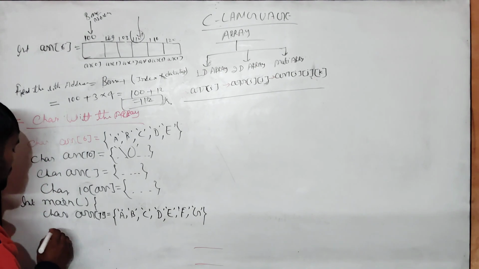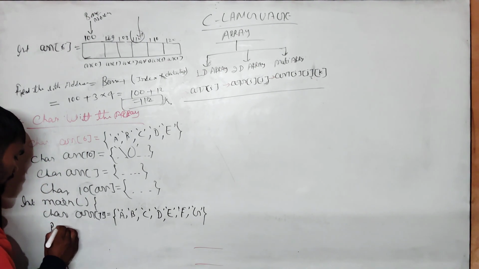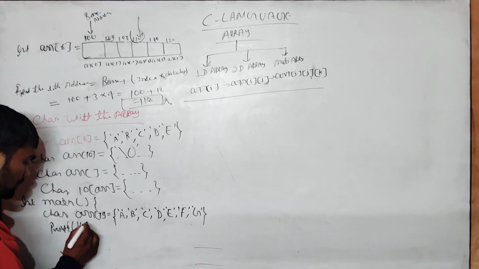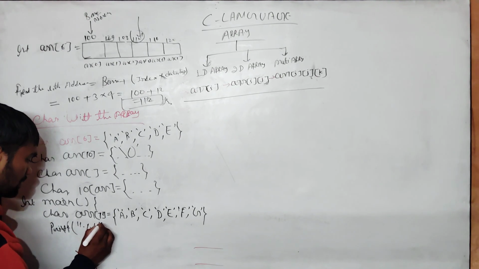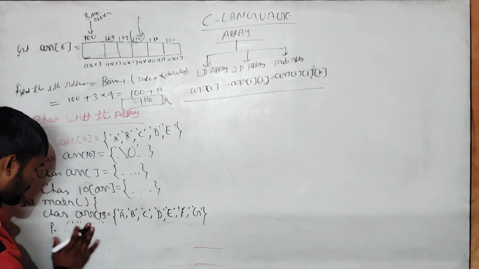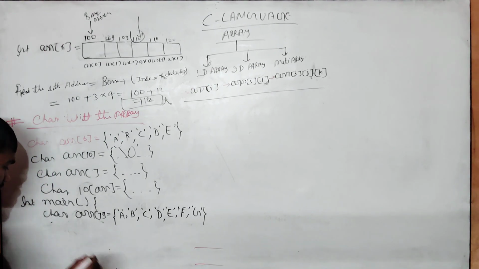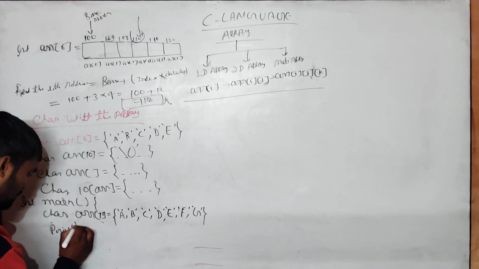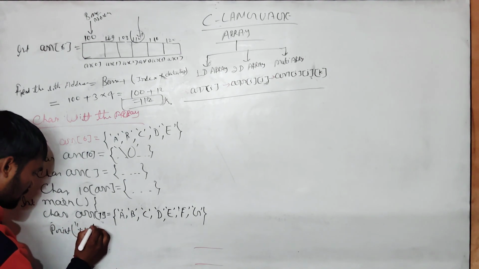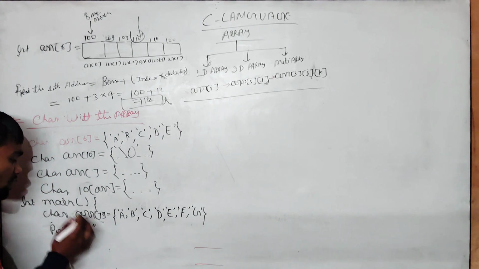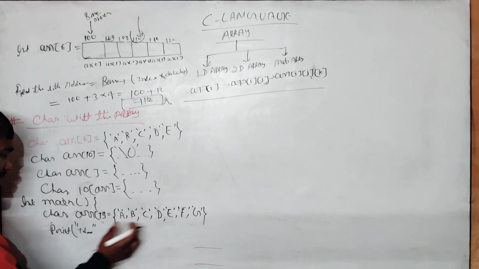How to print? I am just writing a printf, with an inverted comma, percentage d, comma. One thing: when you are printing an array, if you give a space in this place, it will be printed with the space.